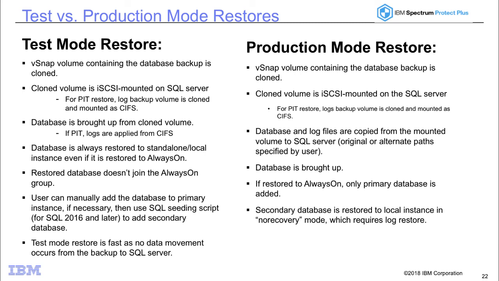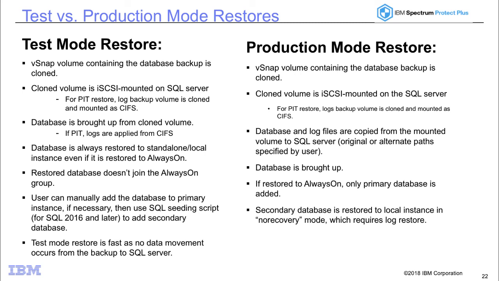As per usual, the database is always restored to a standalone local instance, even if it's restored to an always-on availability group. And it doesn't join an always-on availability group. That's pretty standard for SQL Server. And then you can manually add the database to the primary instance if necessary, and then use a SQL seeding script to add the secondary databases to the AAG.